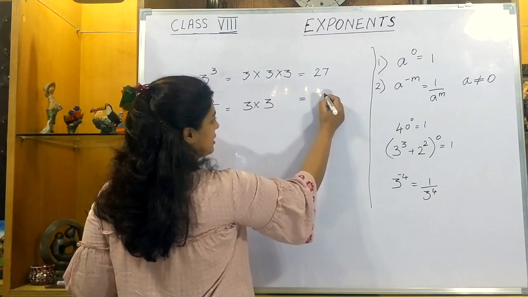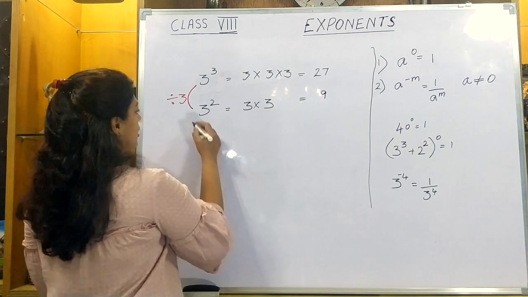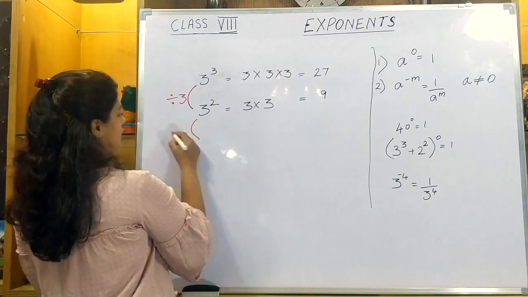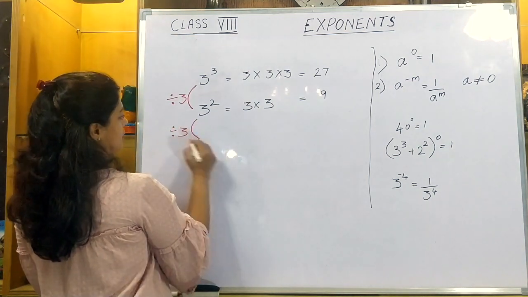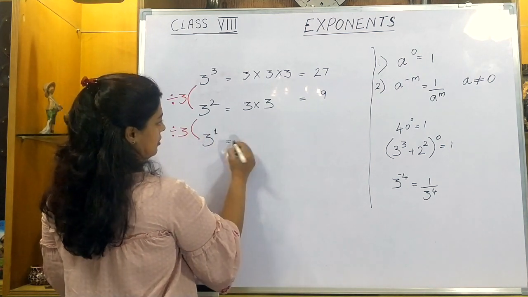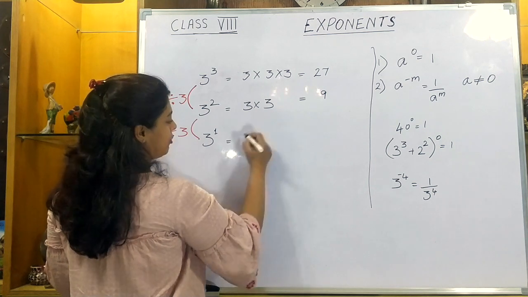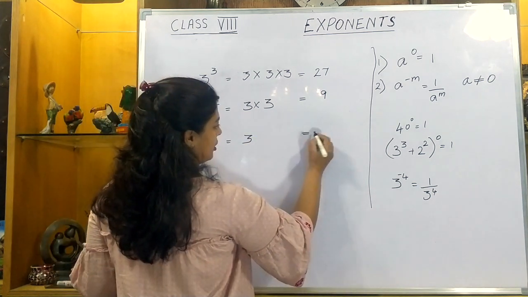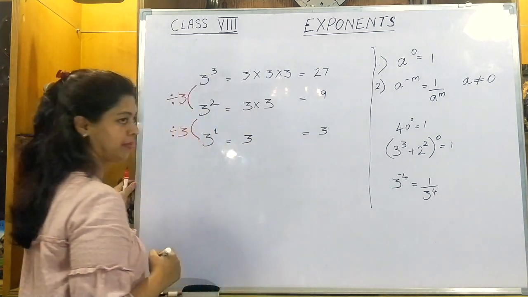The value of this is 9. If I further divide this by 3, I get 3 raised to the power of 1, which is equal to 9 divided by 3, which gives me 3. The value will be 3.